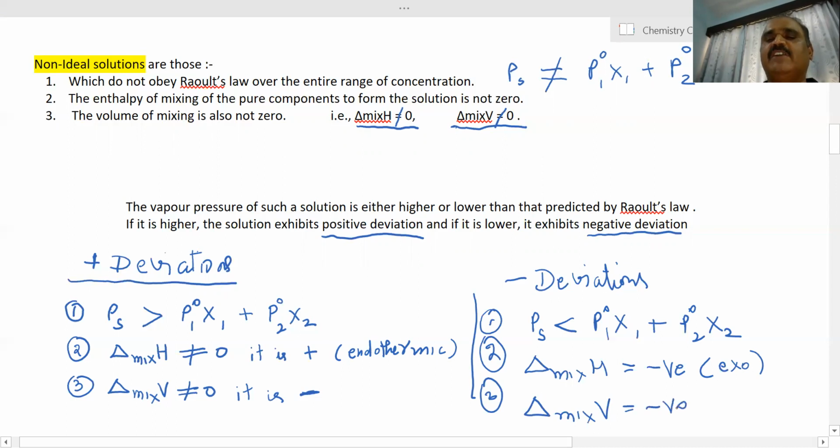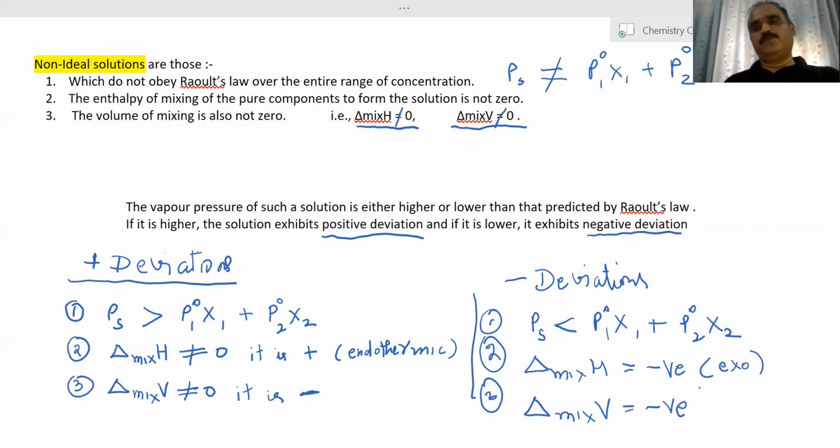Delta V mix is also negative. So non-ideal solutions are of two types depending upon their deviations. Number one, non-ideal solutions showing positive deviations, then non-ideal solutions showing negative deviations.